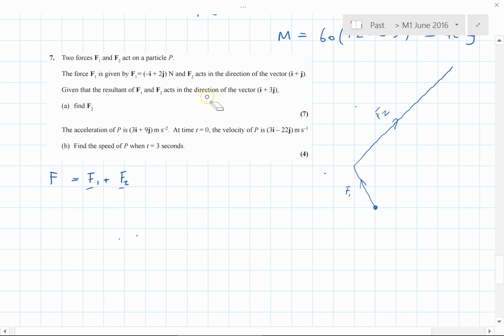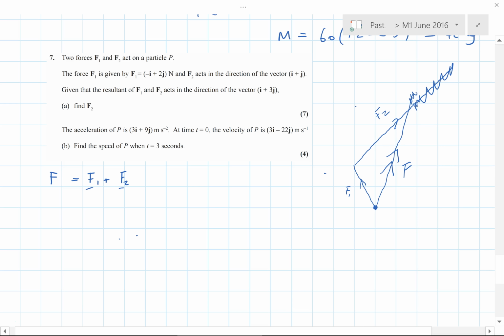Now we're also told the resultant is in the direction i plus 3j. So that means the resultant is going up like this. Okay, so I really don't want this extra bit on here. So that's my scale diagram.